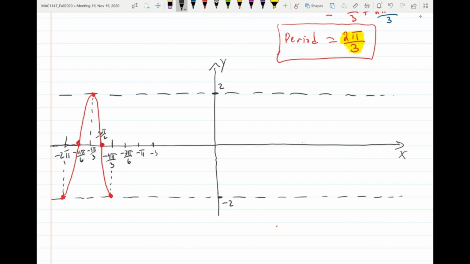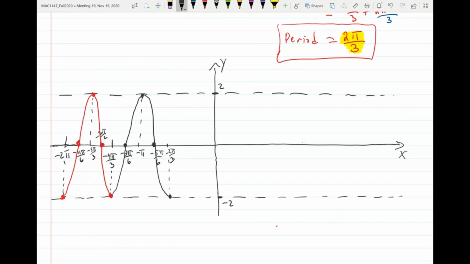So then negative 5 pi over 6. And then another one would be negative 4 pi over 6, which would be negative 2 pi over 3. And now let's put our key points. So down, middle, up, middle, down. And then we continue in this fashion.